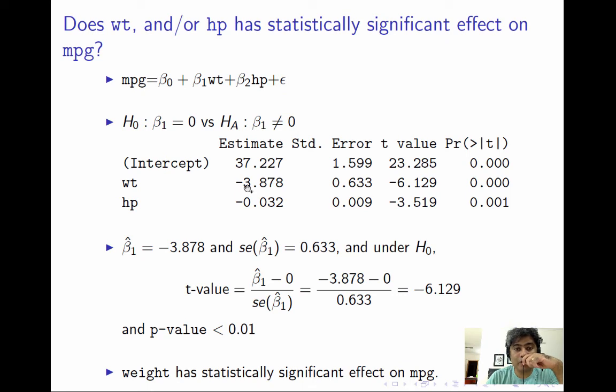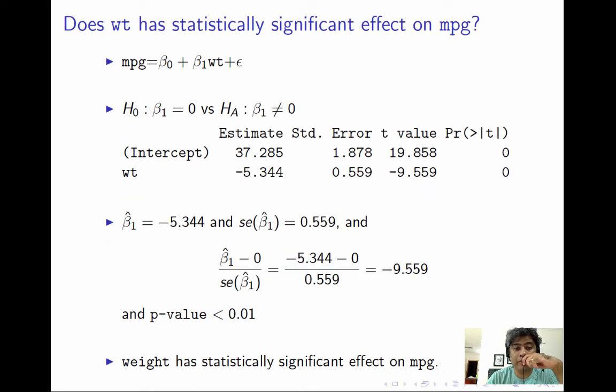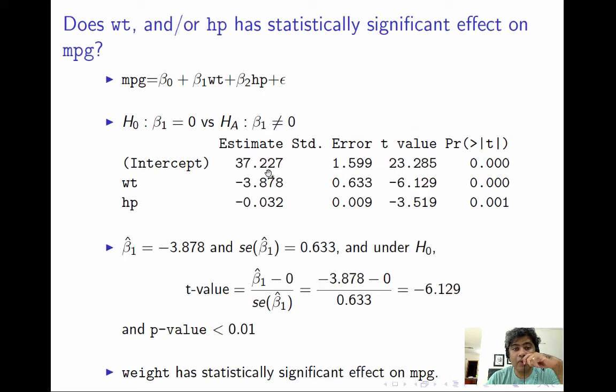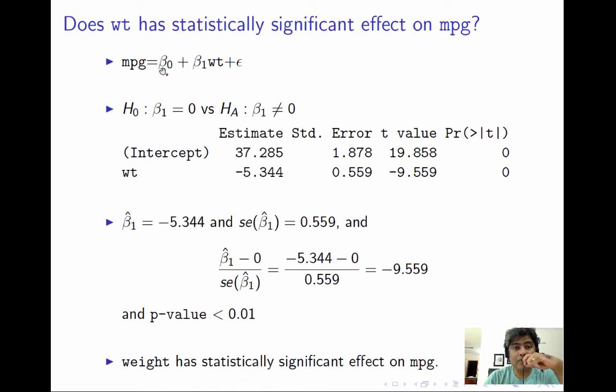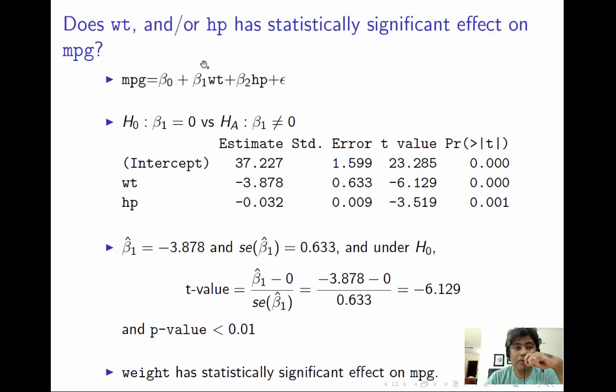In the previous model, the estimate of beta 1 was negative 5.344. Now the estimate is negative 3.878. You should not be surprised by that, because you now have another variable in your model, so your model is completely different. Previously your model was in 2 dimensions, now your model is in 3 dimensions.